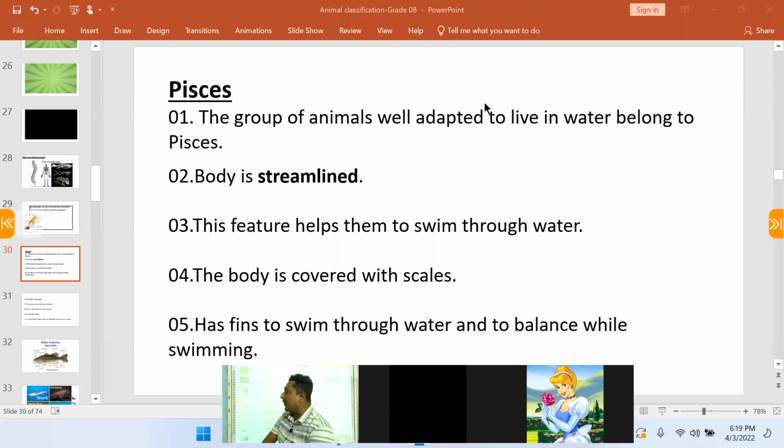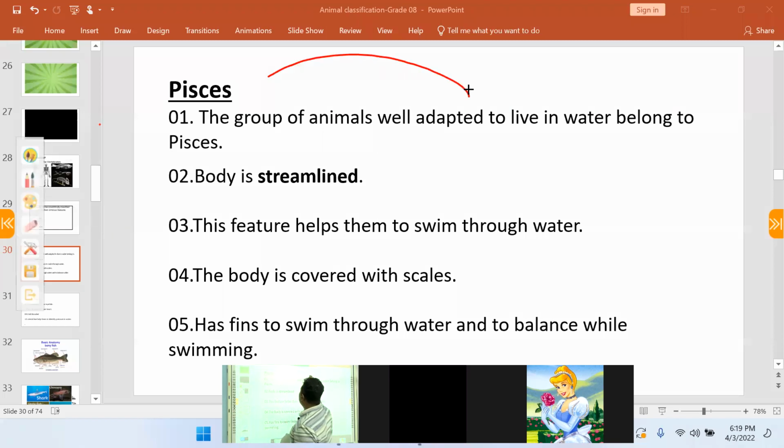They have a streamlined body, as you learned in grade 7. This body helps them to swim easily in water, to cut through the water current. Their body is covered by scales.